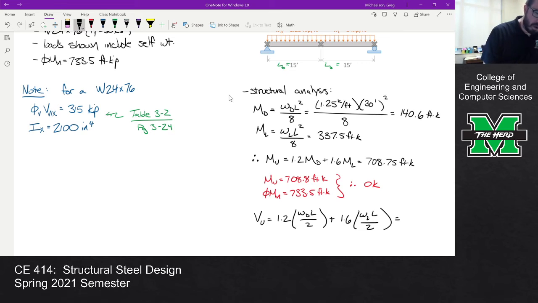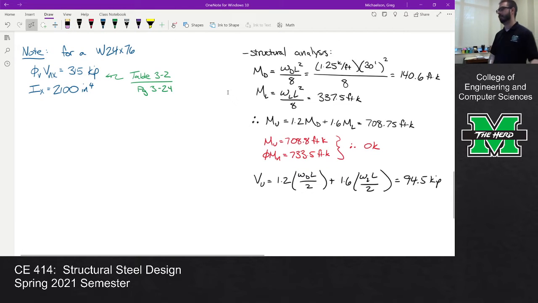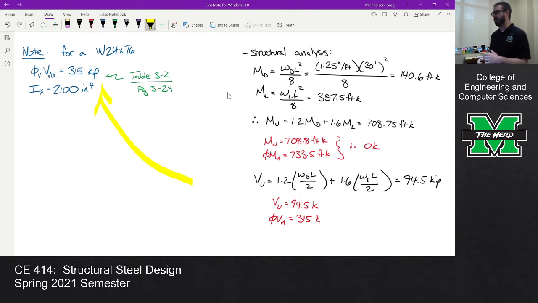I'm getting 94.5 kips. Can somebody check me on that? There we go. So, now we have VU is 94.5 kips. And then our PVN is 315 kips. And we got that from right there, from table 3.2.